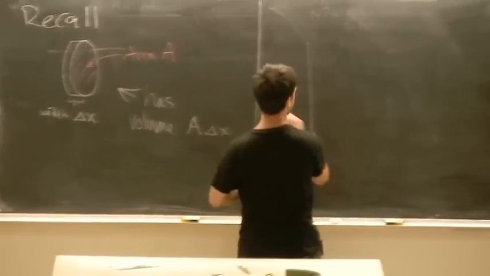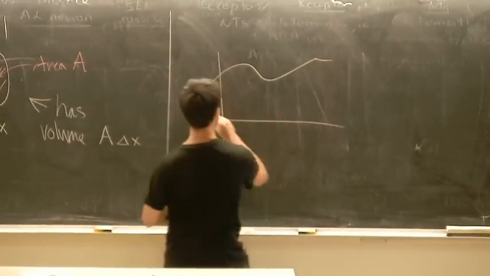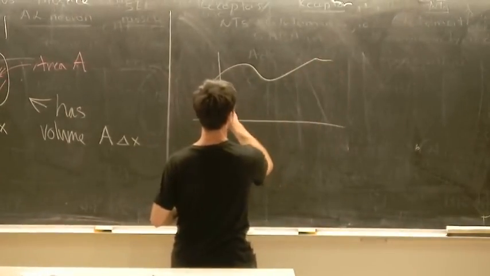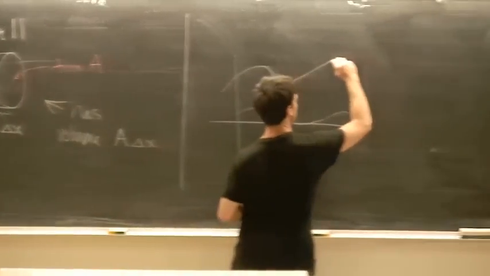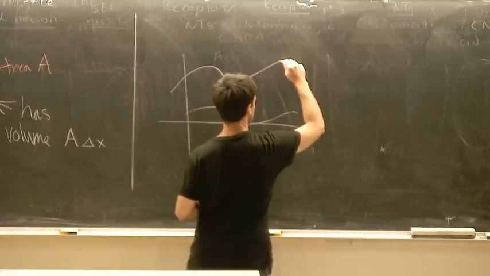Now, let me write down what the general problem is going to be. If we have some shape, it doesn't even really matter what it looks like, but it's three-dimensional. So let's see if I can draw this.